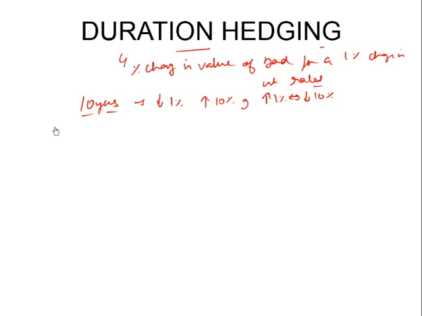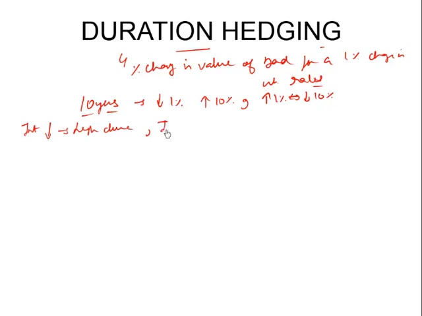Now, if I am expecting interest rates to go down, would I want to keep a high duration or a low duration? I would want to keep a high duration, because as interest rates go down, the price of the bond goes up. If my duration is high, it will go up by a higher percentage. If the duration is low, it will go up by a lower percentage.